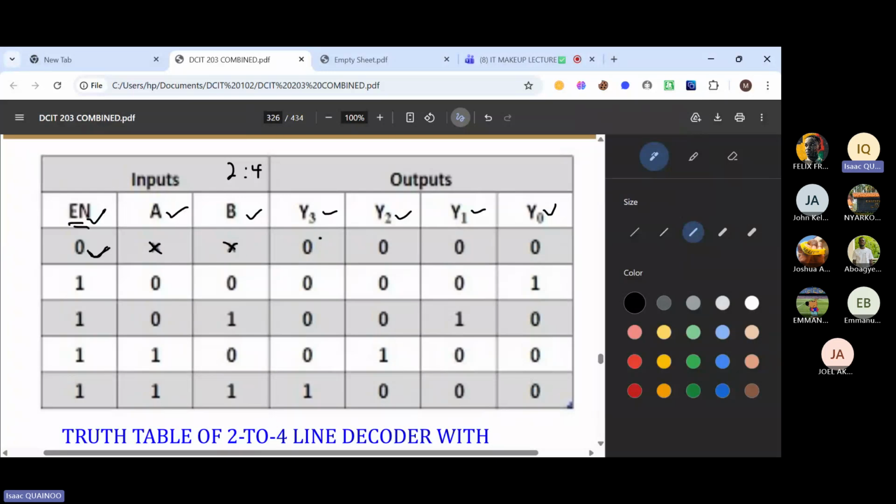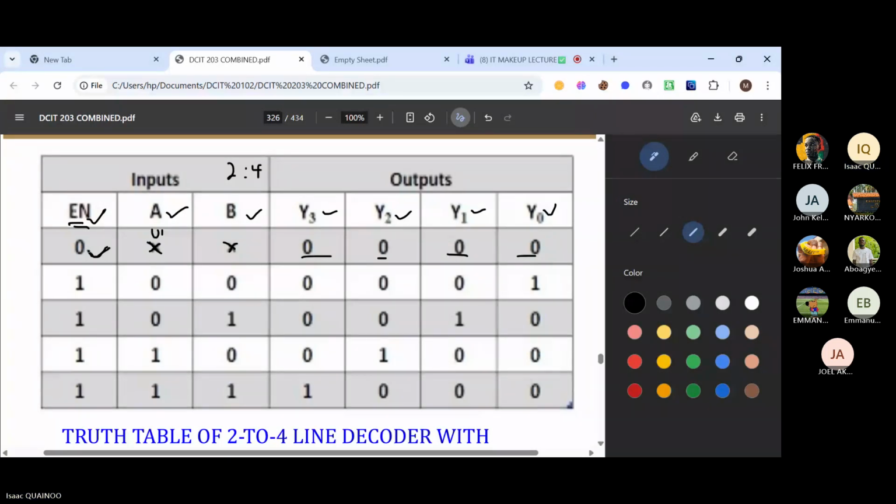The output will be 0, it cannot process any of the current inputs. So A and B, we don't care what they are. It can be 0,0, 0,1, 1,0, or 1,1. It does not affect the state of the circuit because the enabler is off.